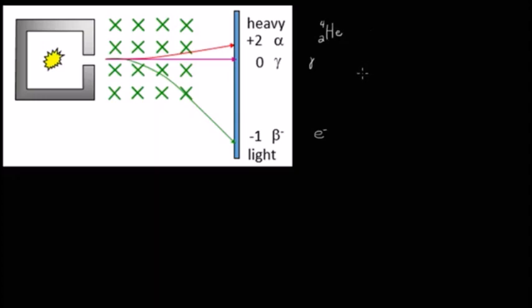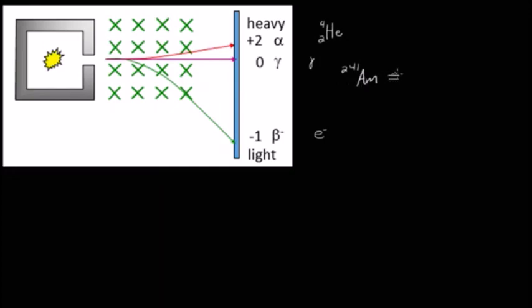Well, let me take some. There is an element called americium. There's its symbol. It has 241 nucleons. We won't worry about the protons in this case because we'll deal with this in the next lecture.